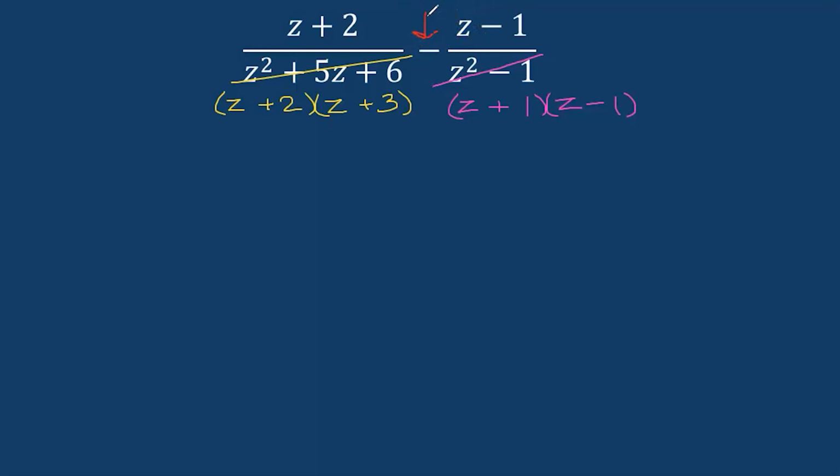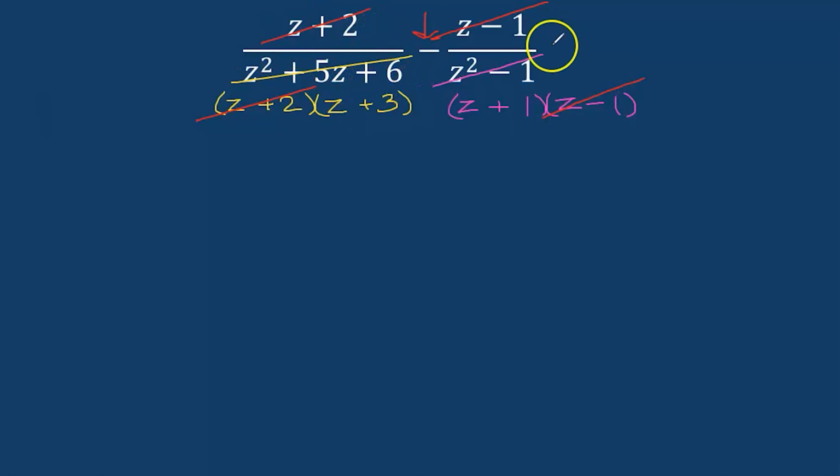Because this is separated by subtraction, this side can simplify with each other, and this side can simplify with each other. But be very careful. If there was a z minus 1 over here, we would not be able to cross simplify because of that subtraction. But in this case, we can take z minus 1 and z minus 1 and get rid of it. And here we can take z plus 2 and z plus 2 and get rid of that.